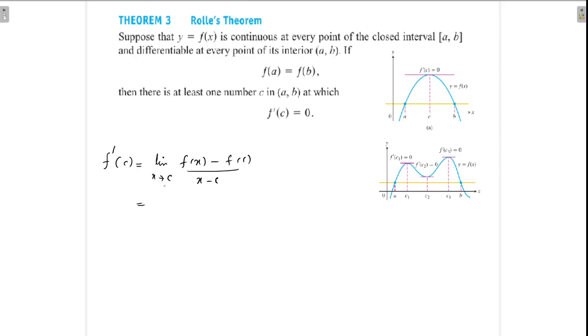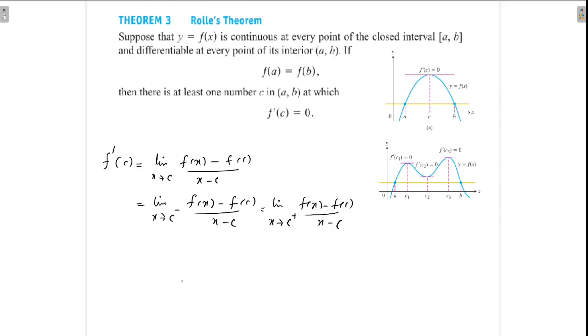In order to assess this limit, we need to evaluate two different limits. Limit x tends to c minus of f of x minus f of c by x minus c. As you've seen in the previous classes, this is equal to limit x tends to c plus of f of x minus f of c divided by x minus c.